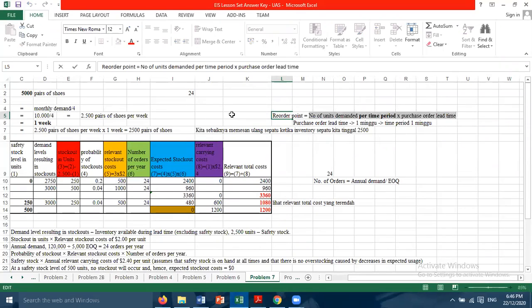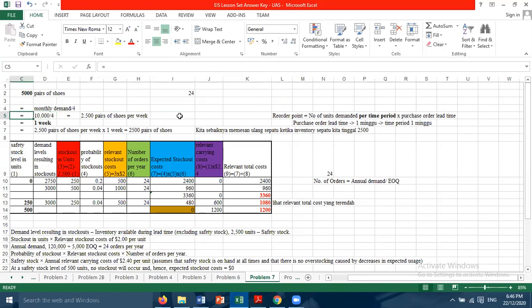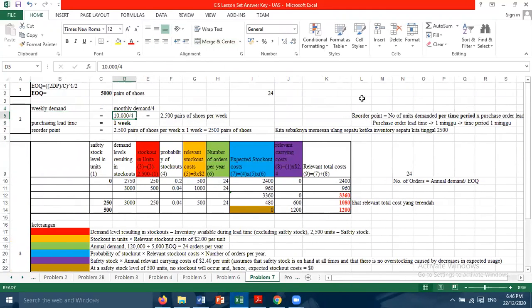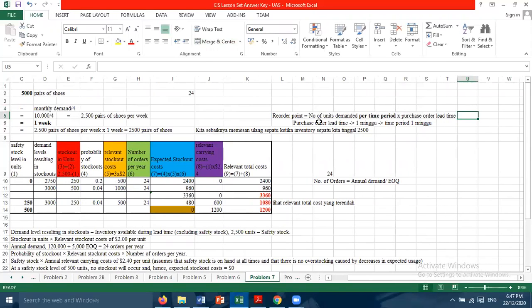Which means we need to find these 2 factors first. So first, we find the number of units demanded per time period. Now, how exactly do we know what time period it is? Well, in the reorder point, the time period equals the purchase order lead time.